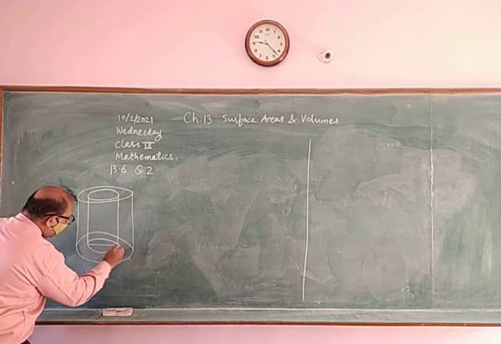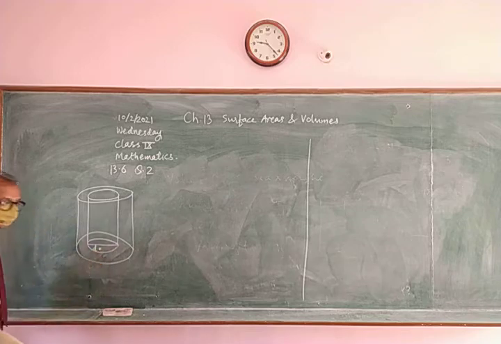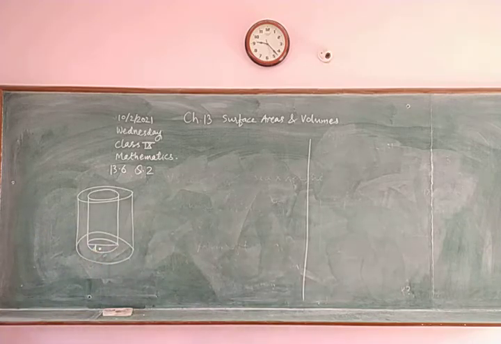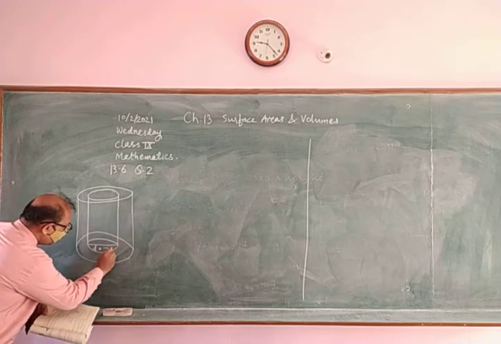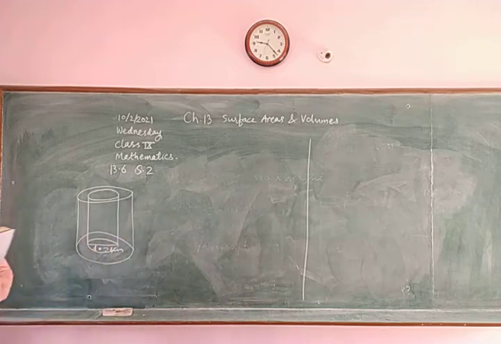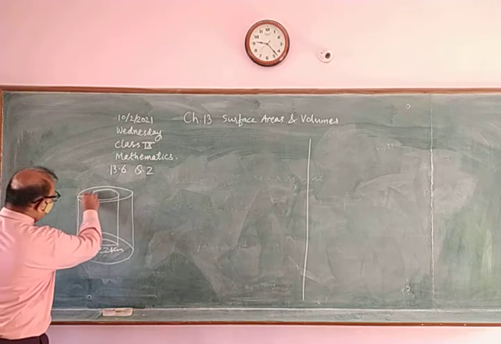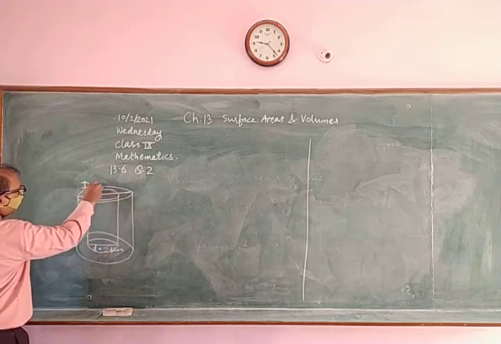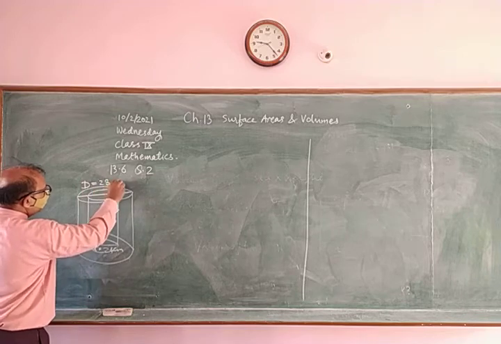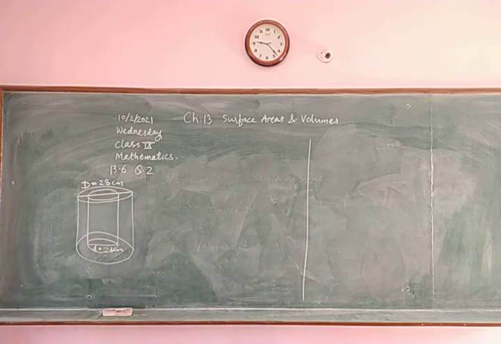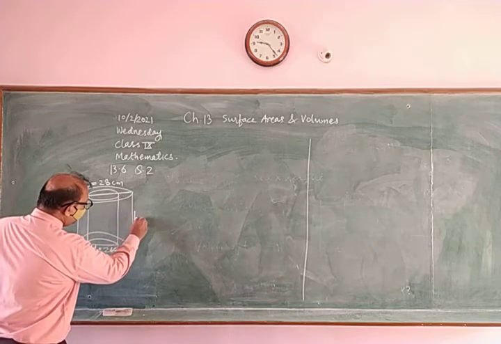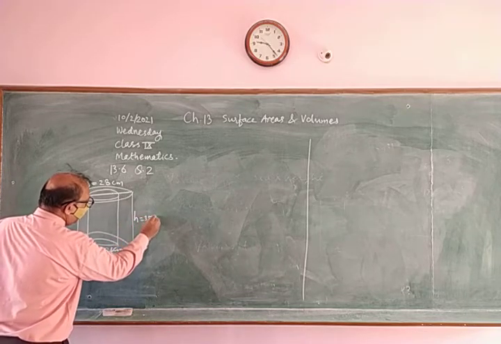The inner diameter small d is given as 24 centimeter. And the outer diameter capital D is equal to 28 centimeter. The length of the pipe is 35 centimeter. Length means height, 35 centimeter.